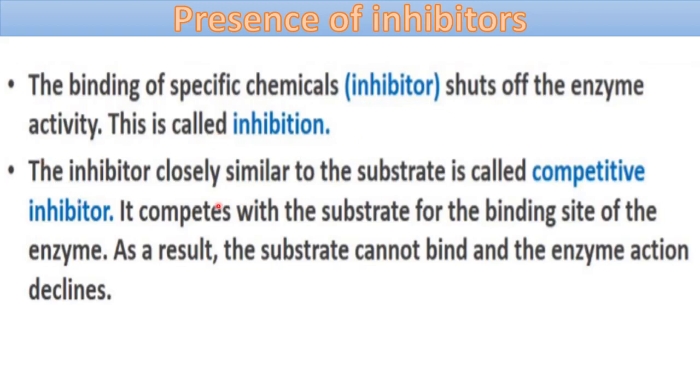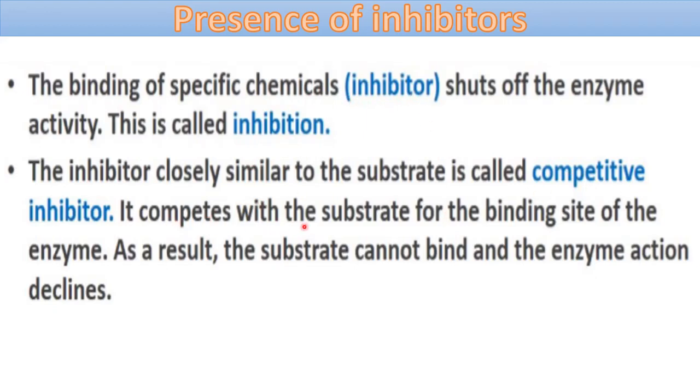The inhibitor closely resembling the substrate is called a competitive inhibitor. So if this chemical, that is the inhibitor, has a structure similar to that of the substrate, then the inhibition is called competitive inhibition, and that chemical is called a competitive inhibitor.